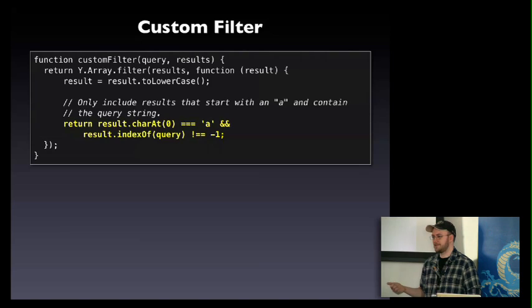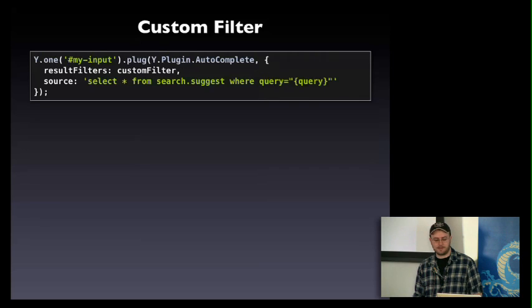In this case, I'm doing something that's probably completely useless unless you're really interested in results that begin with the letter A. But as long as I return true, this result is going to end up in the final filtered array. If I return false, it's going to be excluded from the filtered array. And then ultimately, that array just gets returned from the filter function, and that becomes my list of autocomplete results.